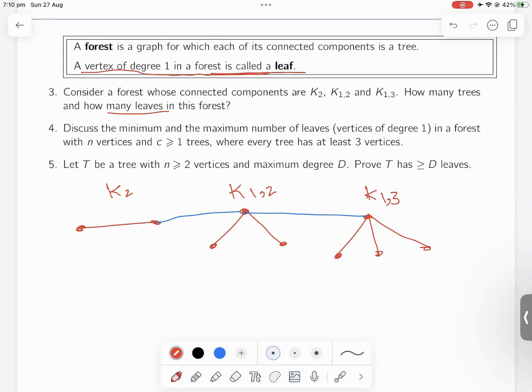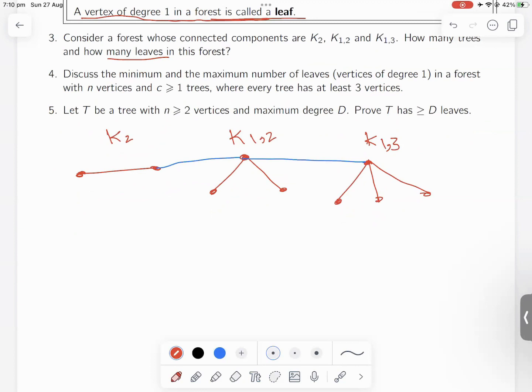Assuming that these are not connected, I will have 1, 2, 3, 4, 5, 6, 7. I will have 7 leaves.